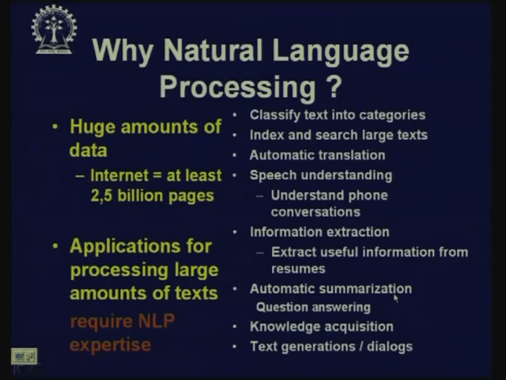Automatic summarization of the texts: suppose the entire content of a book could be summarized in say 4 or 5 pages, then somebody could go to the internet and have a brisk review of the basic content of the book before he decides to purchase that book or read it. Nowadays, it is also done, but it is being done manually. If we had computers who could really understand natural language, then this could be done in an automated way.